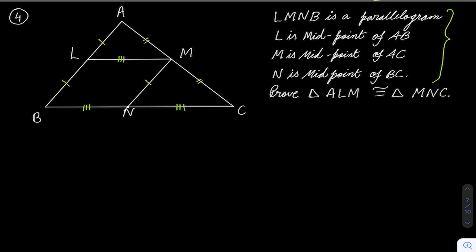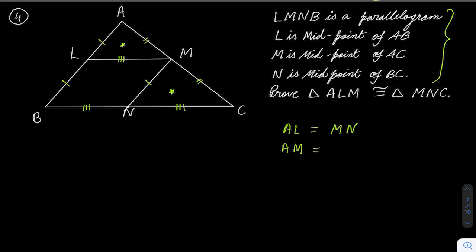Now we have to prove that triangle ALM is congruent to triangle MNC. ALM is this small triangle and MNC is this triangle. So we have to prove these two triangles are congruent. We don't have to prove anything, right? Once we write the information, we can see directly that all these three sides are equal. So AL is equal to MN, one side.